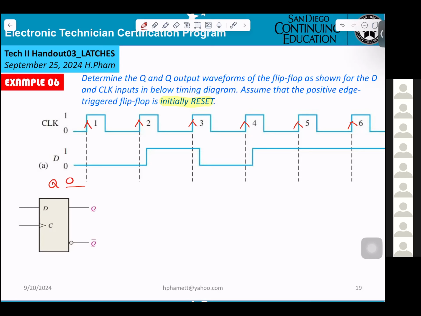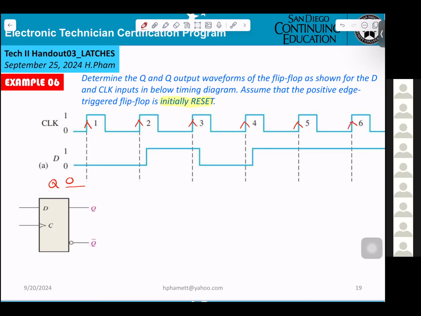Now tell me, when you get a clock, what is Q? One. Q equals D, 1. How come?